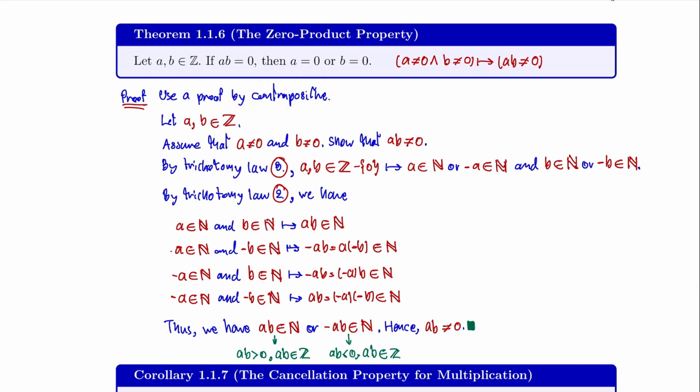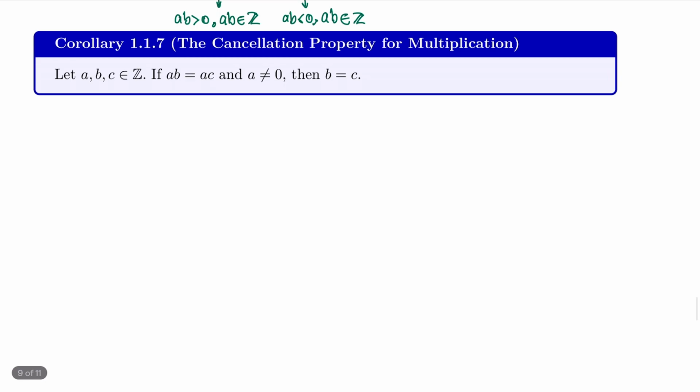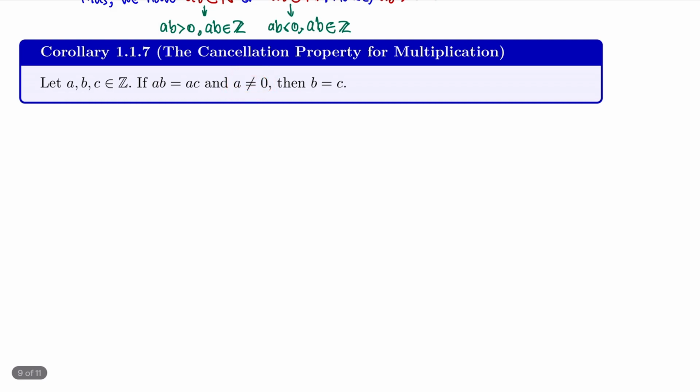Next one. Let's go to this corollary. This is the cancellation property of multiplication. Let a, b, and c be integers, and if we have the equation a times b equals a times c, and a is not 0, then b equals c. What can we do with this? Let's prove this property, the cancellation for multiplication.